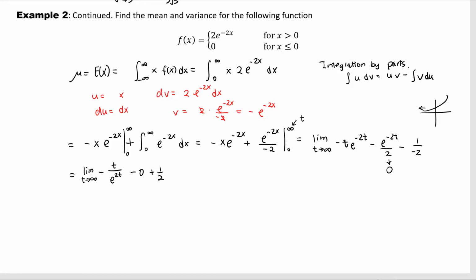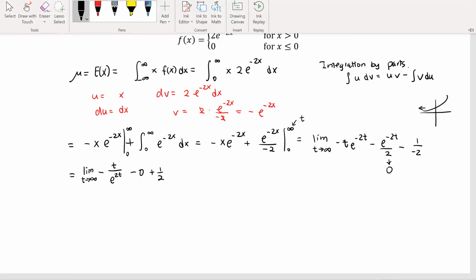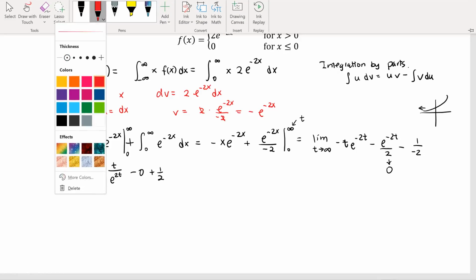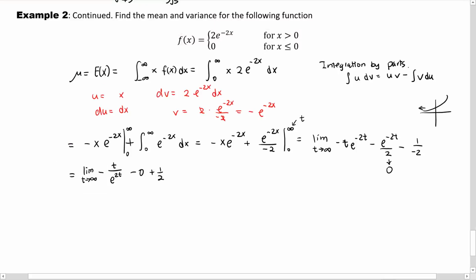When t goes to infinity, t and e to the 2t, which one goes to infinity faster? Yes, the exponential function. We know the exponential function grows faster than the polynomial.